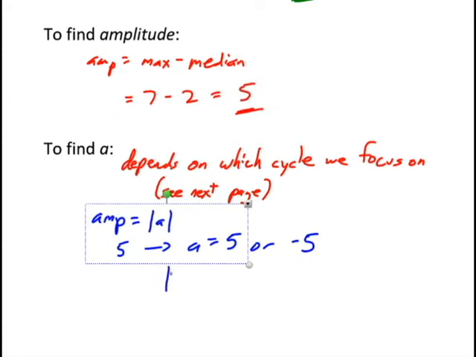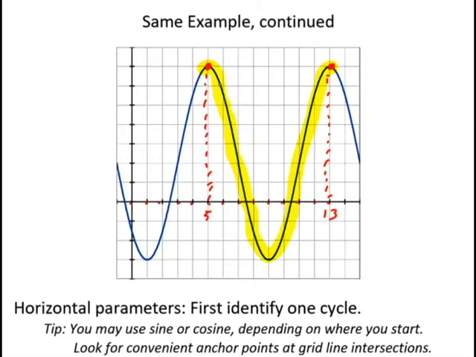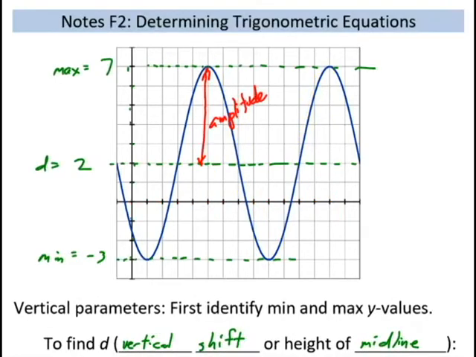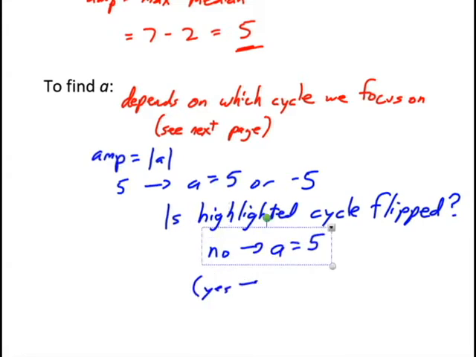The question you ask is, is the highlighted cycle flipped? Do we have a vertical flip? Well, we chose a cosine curve that is right side up. Our first value was at the top of the wave, just like an unmodified cosine graph. If it's not flipped, then A will be positive. If it had been flipped, A would be negative.